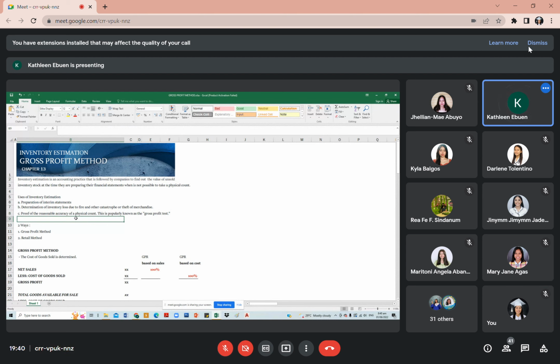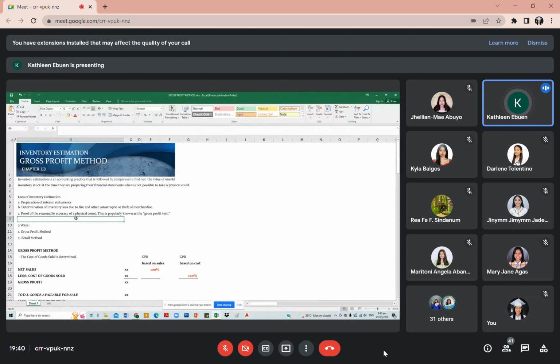merchandise. Okay, class, no? So, syempre, class, pag nagkaroon ng fire or other catastrophe, for example, natupok ng apoy yung inventory natin or nasama sa baha yung inventory natin, therefore wala tayong maika-count, no?